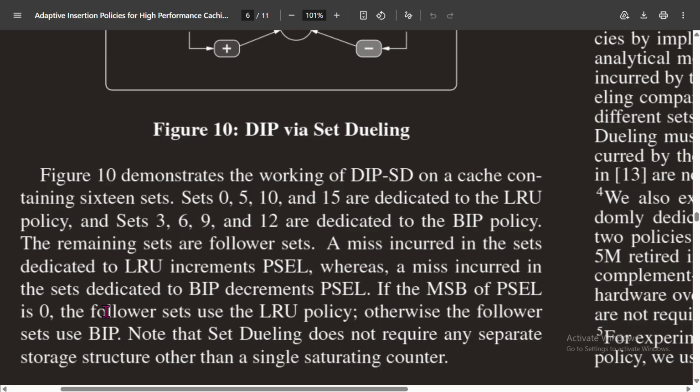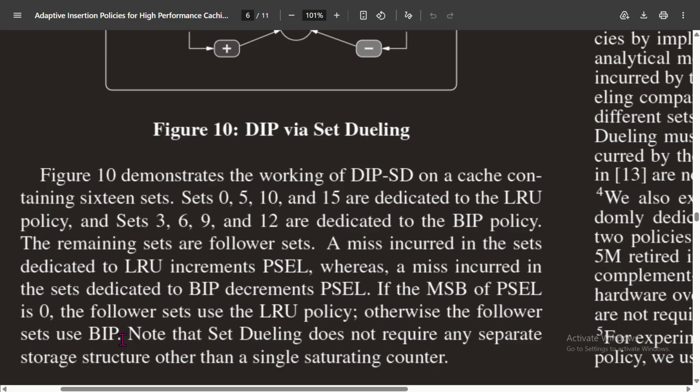Figure 10 demonstrates the working of DIP-SD on a cache containing 16 sets. Sets 0, 5, 10, and 15 are dedicated to the LRU policy, and sets 3, 6, 9, and 12 are dedicated to BIP policy. The remaining sets are follower sets.